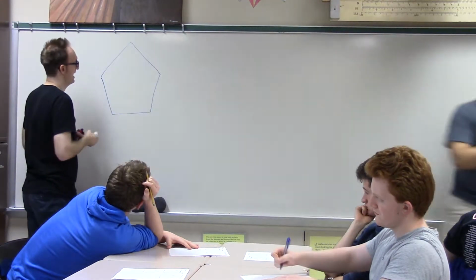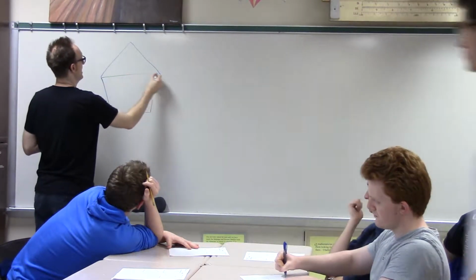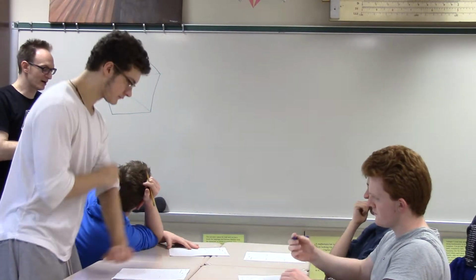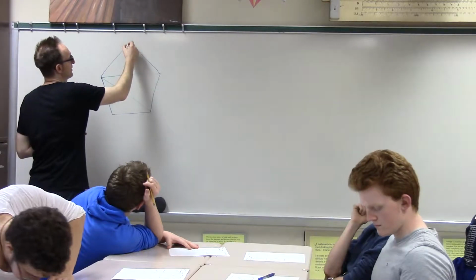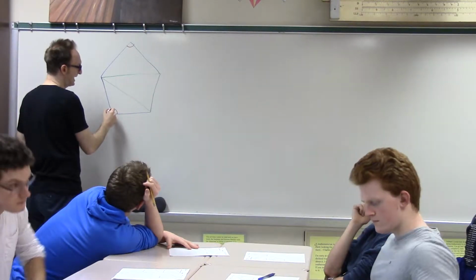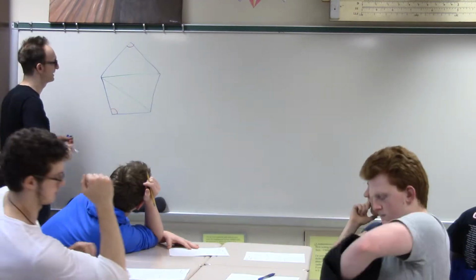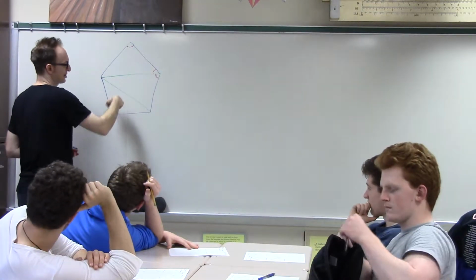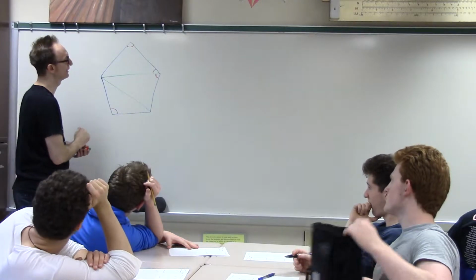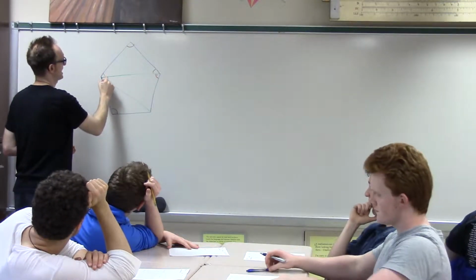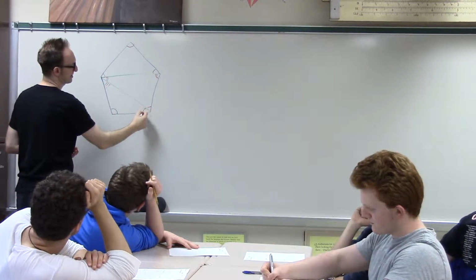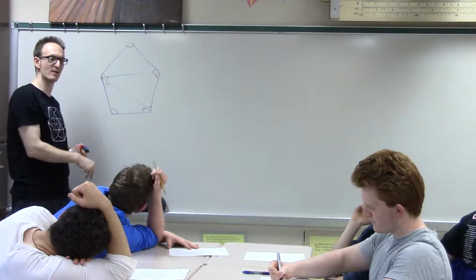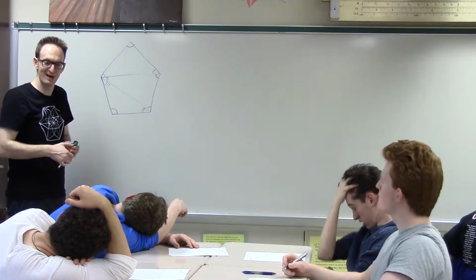Having done that, observe that this angle and this angle were angles of the original pentagon, but some of the angles of the original pentagon got split up. These don't mean congruent, they just mean I'm drawing an angle. And this got split up into 3, and so on. So if I were to add up all these marked angles, I would get back exactly all the interior angles of the pentagon.